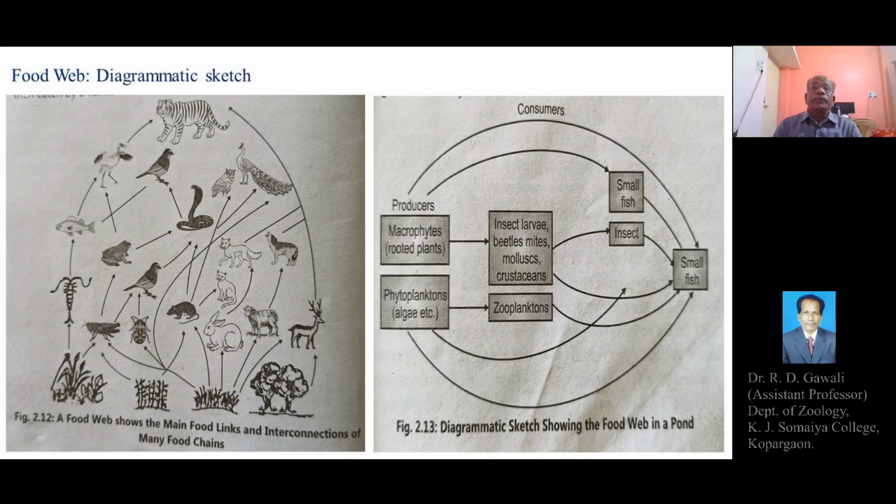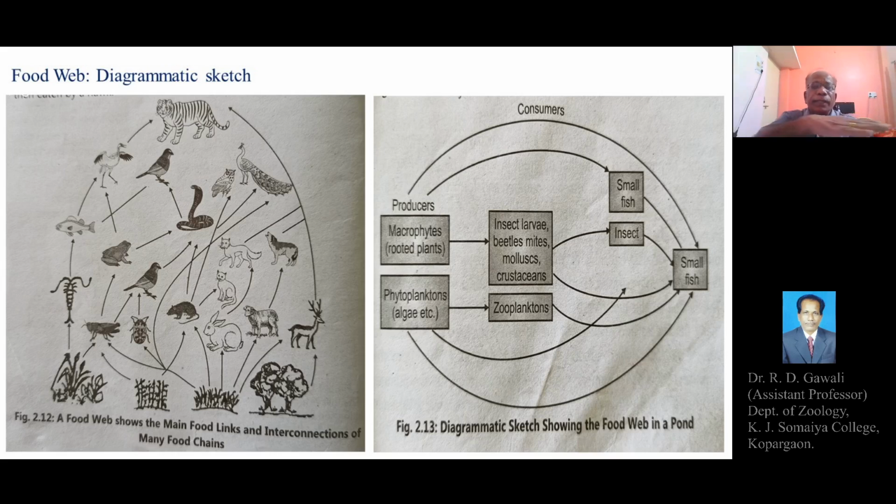This is the diagram representing the food web. In the figure on the left-hand side, we can see a food web showing the main food links and the interconnections of the many food chains. Let's explain the diagram on the left side.